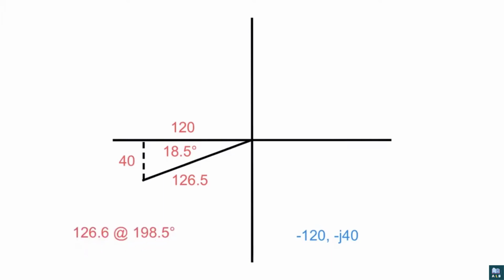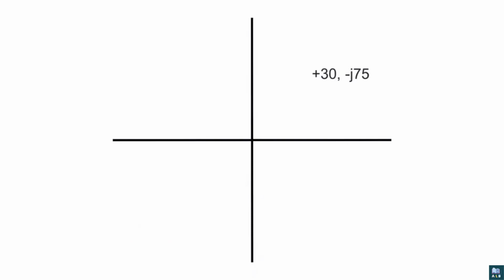There we go. So we've done the 1st quadrant, the 2nd quadrant, and the 3rd quadrant. Let's move on to the 4th quadrant. Positive 30, so we're moving this side of the point of origin, negative j75 going below there. Again, we are in quadrant number 4. As we've done in every quadrant, all we have to do is draw in your triangle. 30, 75.